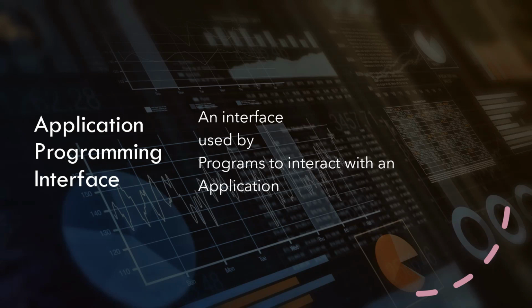Okay. Now, the first thing, what is an API? What is an application programming interface? As I have defined it here, an API, or application programming interface, that's what API stands for, is an interface used by programs to interact with an application.